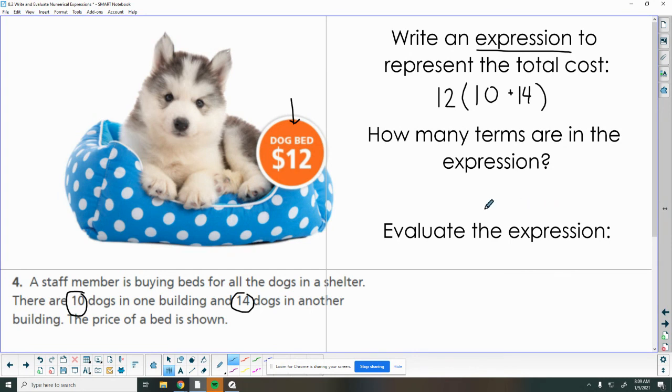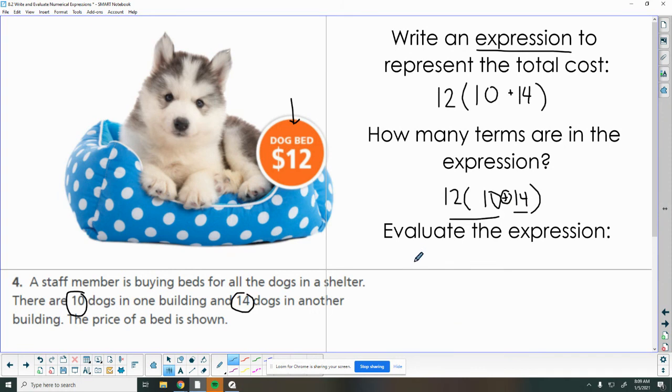So now it wants to know how many terms are in this expression. So I can see we have 12 and parentheses 10 plus 14. I only have one adding and subtracting sign. So I have 1, 2 terms in this.